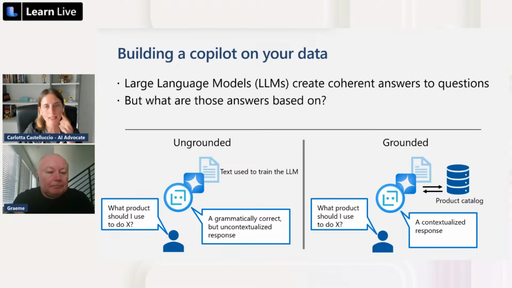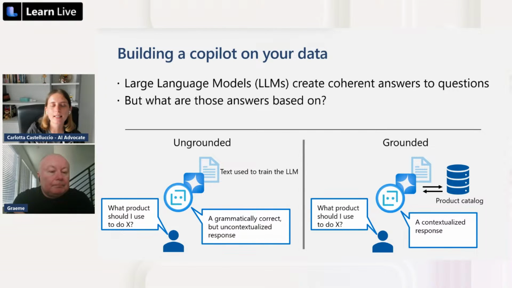For example, let's consider the two scenarios in this slide. We have an ungrounded scenario where the model generates an answer to a question about a product based on the data with which it was trained, which in the case of many large language models essentially means the whole internet.